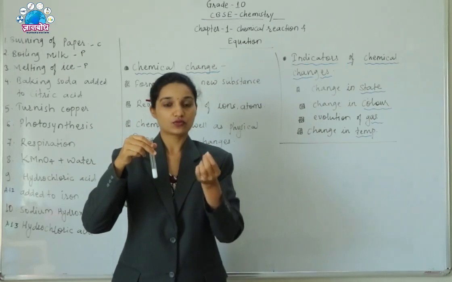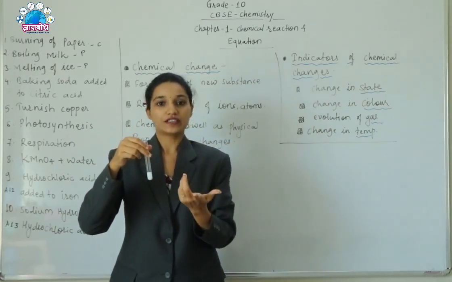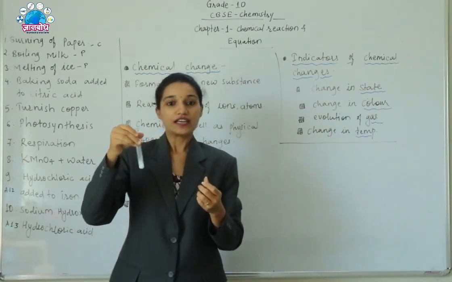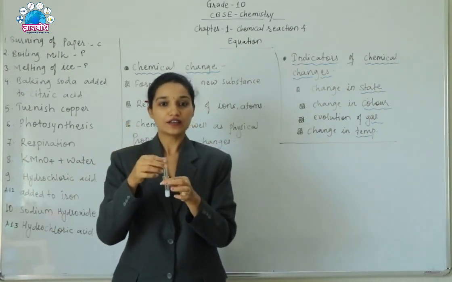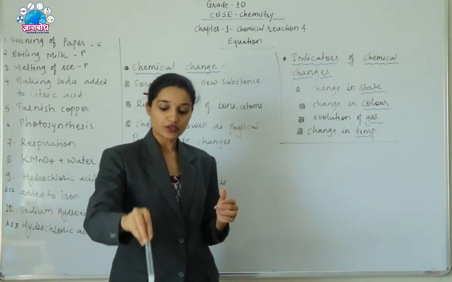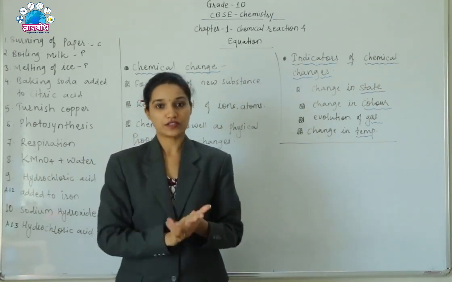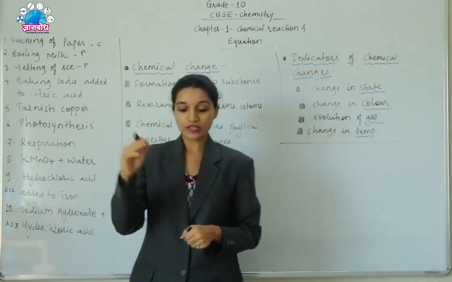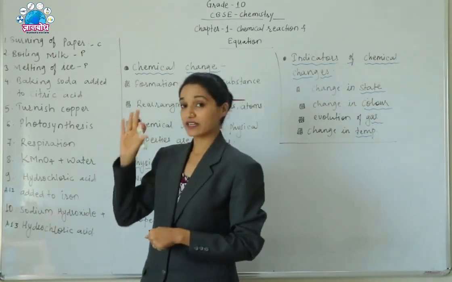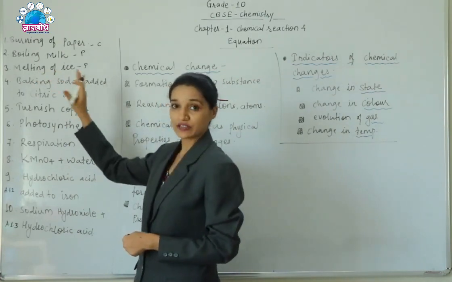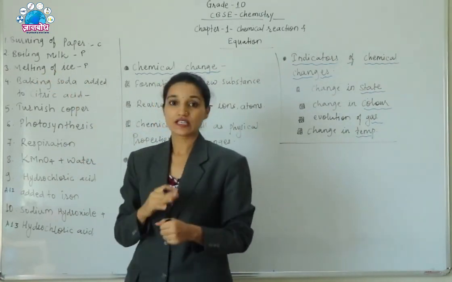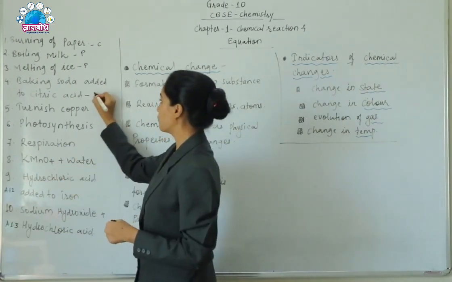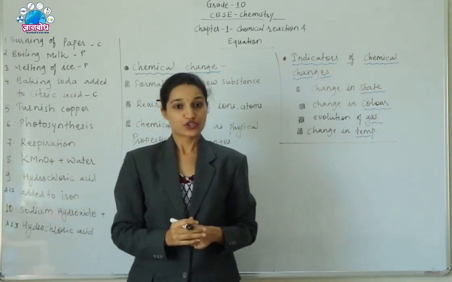Citric acid granules were solid in nature, this baking soda is again solid in nature, and now after adding, the salt formed is aqueous in nature. So the state of matter is also changing, and therefore, from this experiment, you will understand that baking soda when added to citric acid changes chemically. Citric acid also changes chemically, and therefore it is a chemical change.